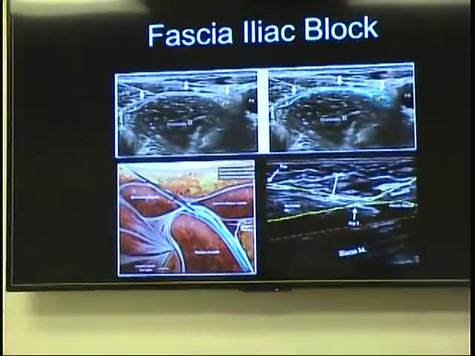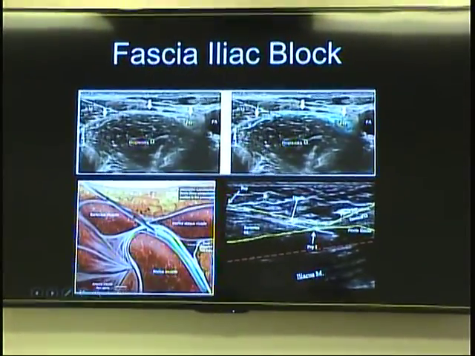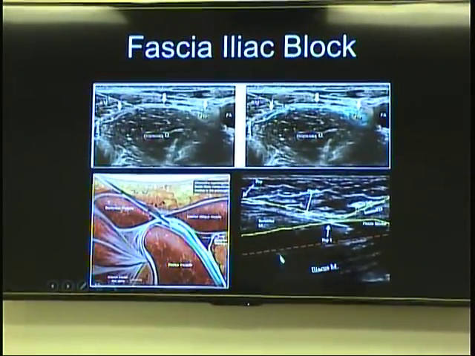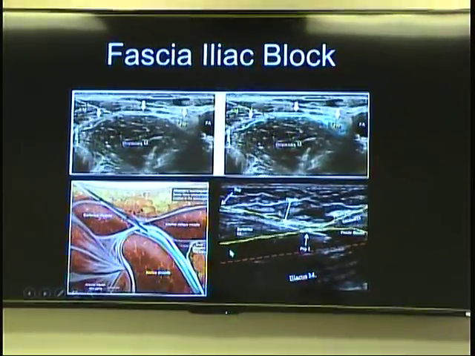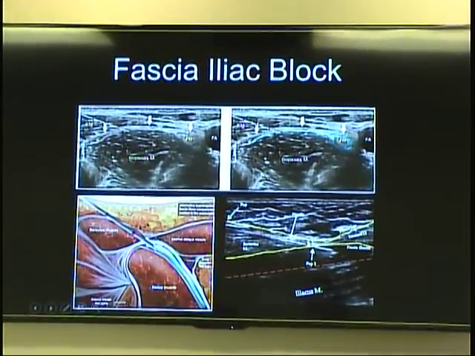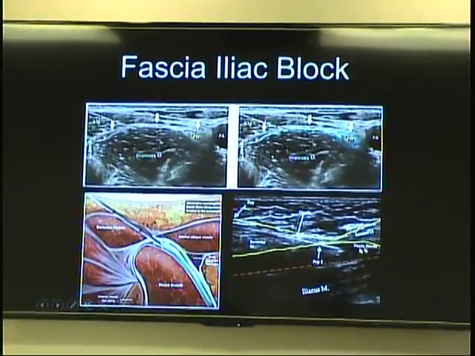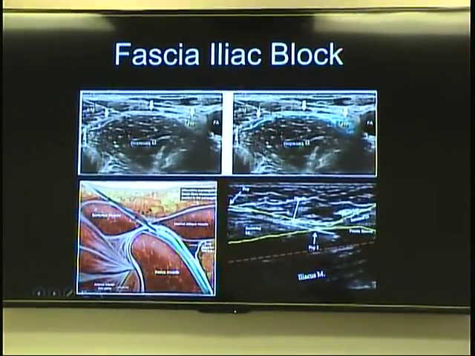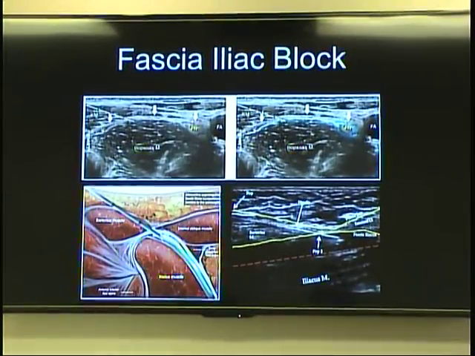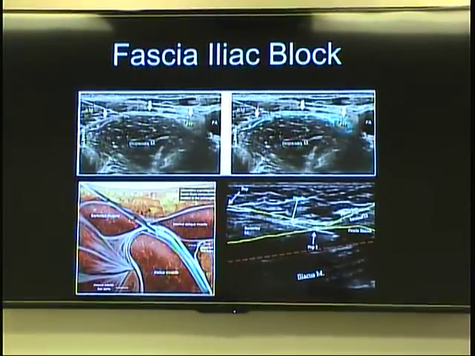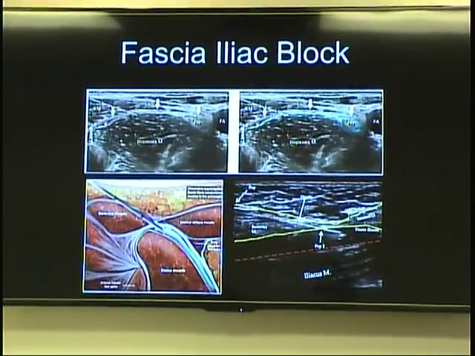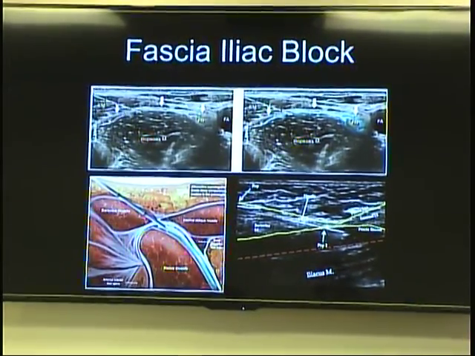And then there's the other technique. This is one of the few techniques I'll do blindly sometimes, like in older patients where it's hard to see the muscle very well, or if they're really big and it's hard to get good muscle definition on the ultrasound. If you use a blunt needle, there are 2 fascia layers, and you'll have a tactile sensation of popping through them.